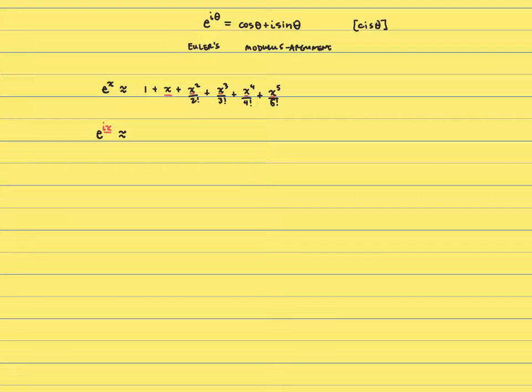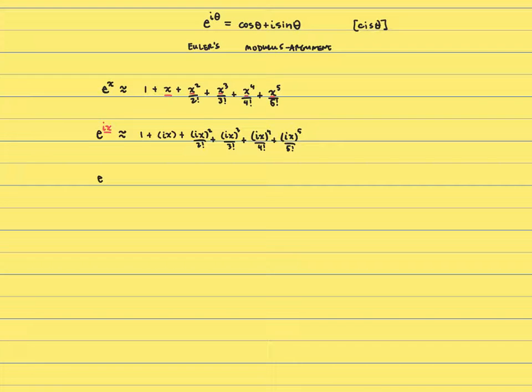So what that'll equal is 1 plus ix plus ix squared over 2 factorial plus ix cubed over 3 factorial. Might as well write them all out, right? Ix to the fourth over 4 factorial and ix to the fifth over 5 factorial.